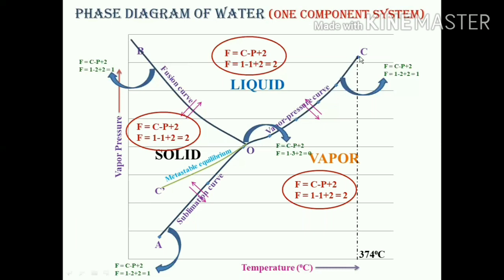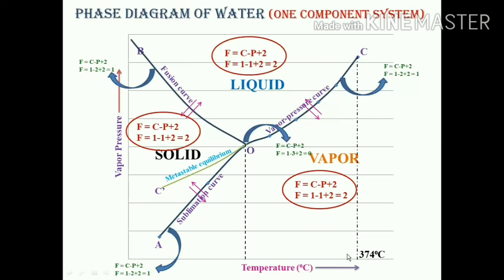Because above this temperature, liquid water cannot exist, and we are not able to demarcate whether it is a liquid phase or a vapor phase. So beyond point C, liquid water ceases to exist. This is the critical temperature of water, 374 degrees centigrade, and the corresponding vapor pressure for this temperature is somewhere around 218 atmospheres.